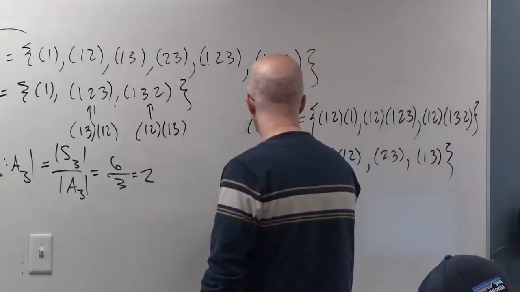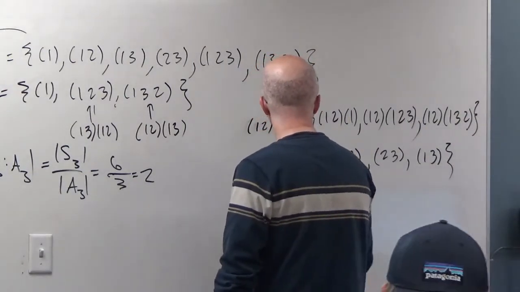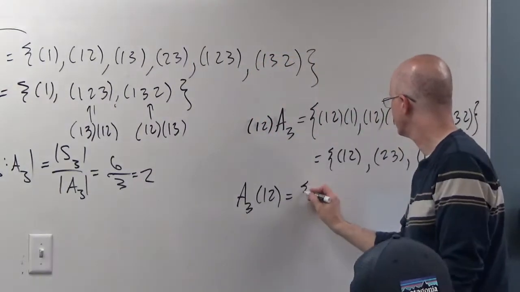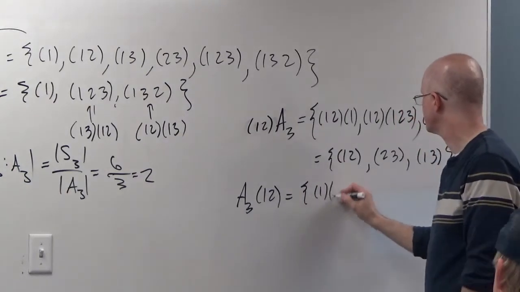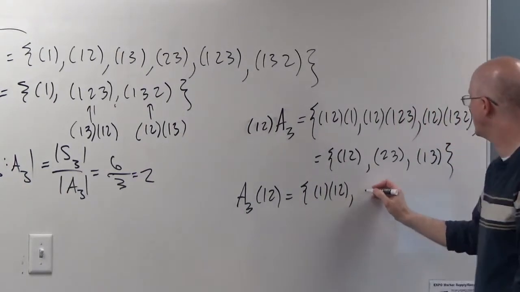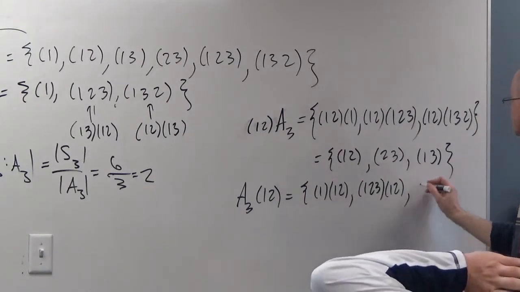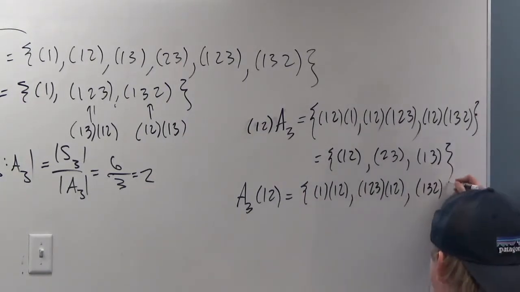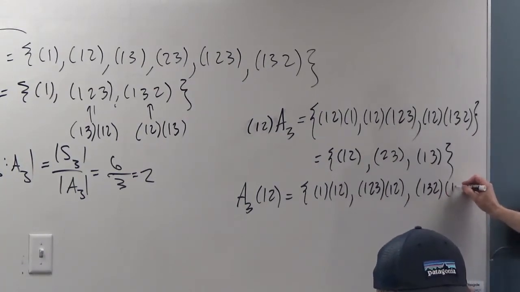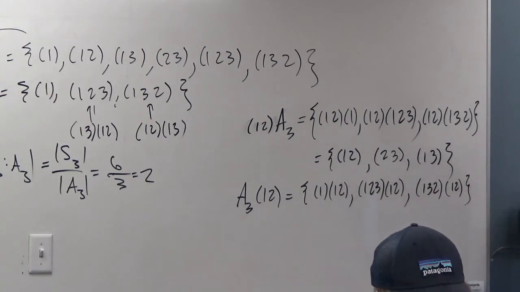The right coset containing (1 2) should be the same set. I am composing by (1 2) on the right now. And yeah, it doesn't commute with (1 2 3) and (1 3 2), but in the end, the set is the same.